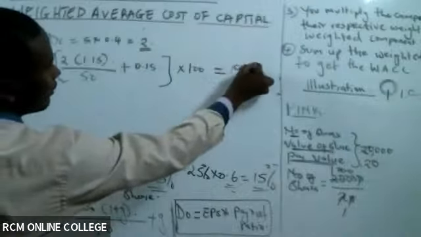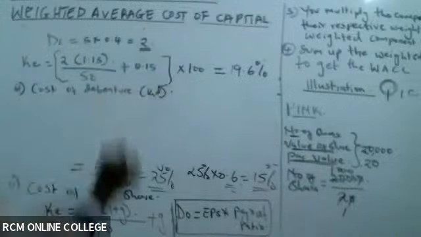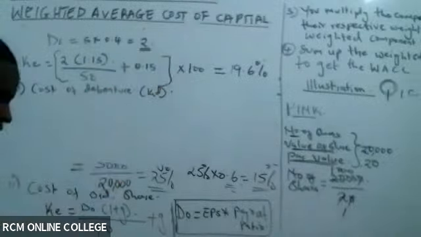Then we go to Roman number 3. Roman number 3 wants the cost of debenture. Please, I want to give you this one to do. KD, we say that this is an irredeemable debenture. It has no maturity period.